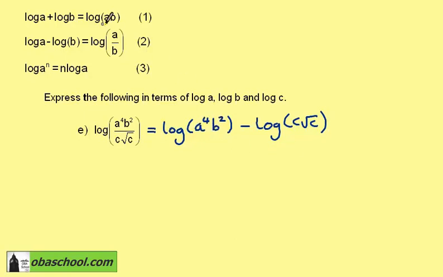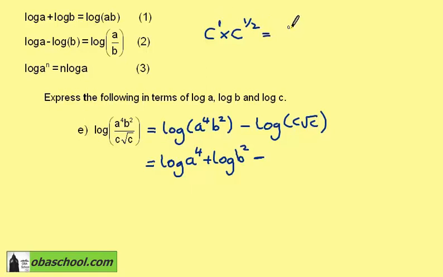This one is then a type 1, so it becomes log a to the 4 plus log of b squared, and c root c is c times c to the half. C to the 1 times c to the half is c to the 3 over 2, adding the indices.